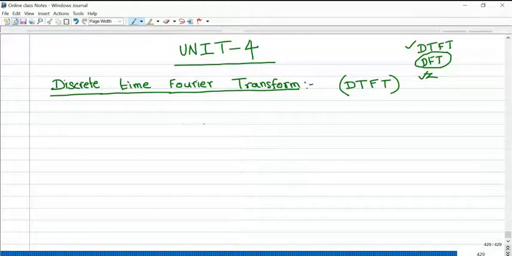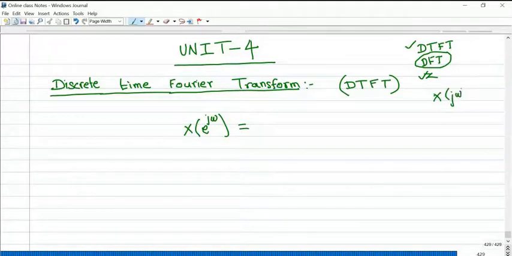DTFT of a discrete time signal x of n is represented by X of e power j omega. So this is the representation of DTFT. For continuous time Fourier transform, CTFT, the representation is X of j omega. Okay.